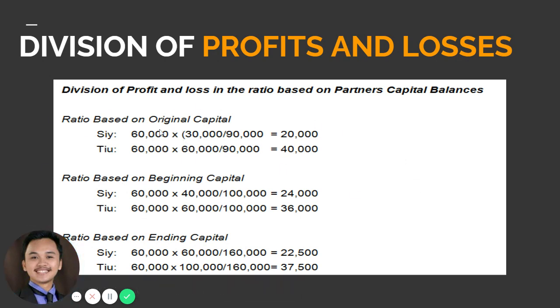So under ratio based on original capital, we will just be dividing the 60,000 net income of the partnership by making a ratio out of the original balances of the partners. When we talk about original capital, it is the original capital invested by the partners.